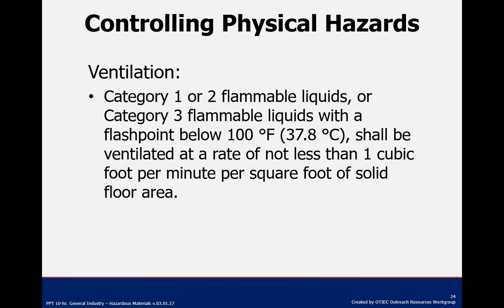Provision shall be made for introduction of make-up air in such a manner as not to short-circuit the ventilation. Ventilation shall be arranged to include all floor areas or pits where flammable vapors may collect. Again, not something we typically have to worry about, just to be aware of when you're responding in areas that may have flammable liquids, or you see that flammable liquid placard in certain industries.